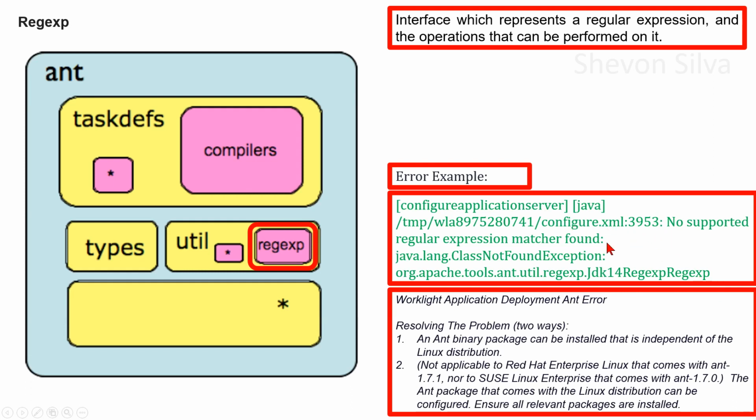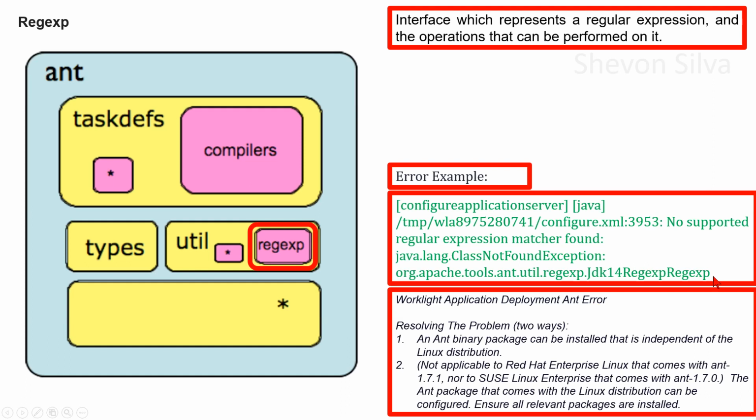No supported regular expression matcher found, in a java.lang.ClassNotFoundException for org.apache.tools.ant.util.regexp.Jdk14RegexpRegexp. We can resolve this problem in two ways. One way is that an Ant binary package can be installed that is independent of the Linux distribution.